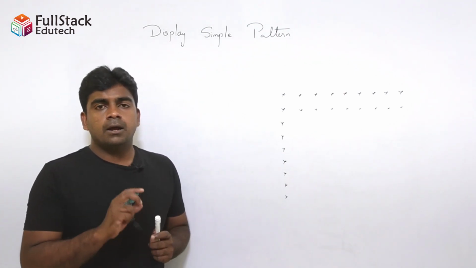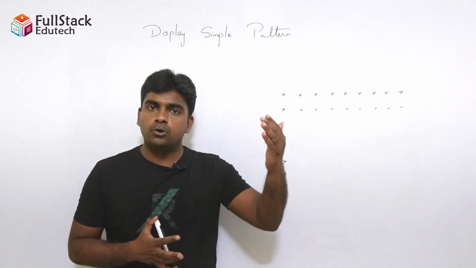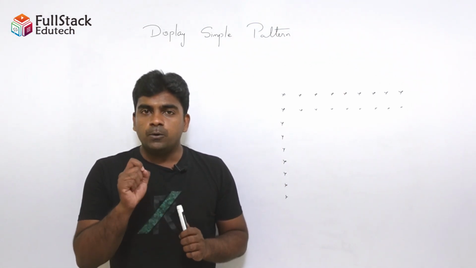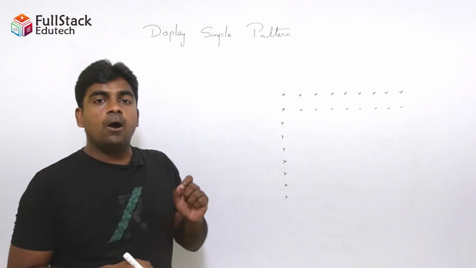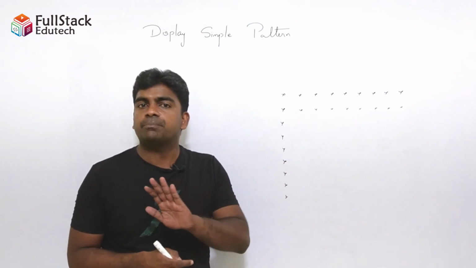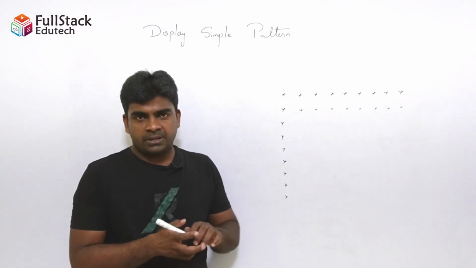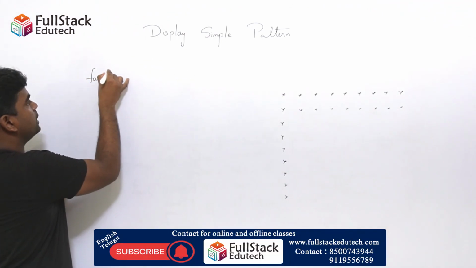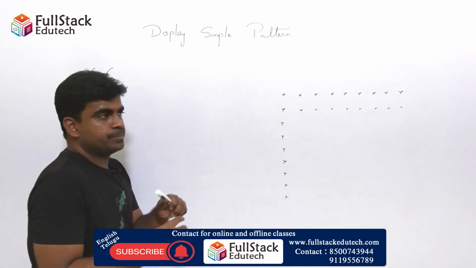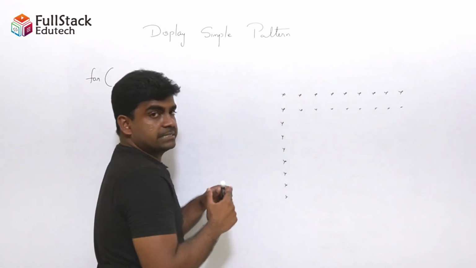It's important. Two loops are required, an outer loop and an inner loop. The outer loop represents the number of rows. The outer loop is not responsible for printing the pattern. If I am writing the outer loop, total how many rows are there? Total 9 rows are present.